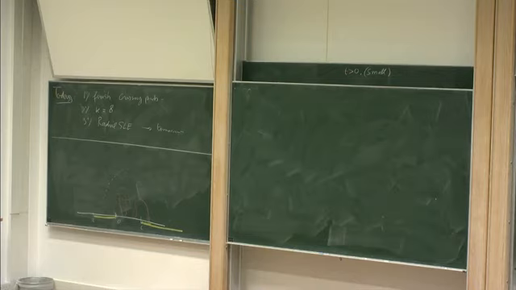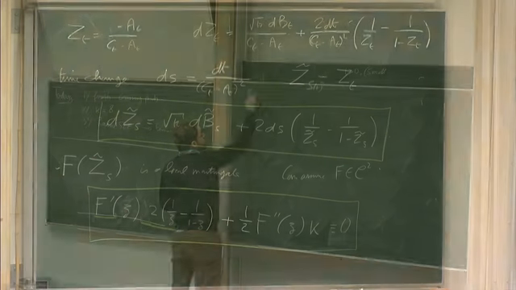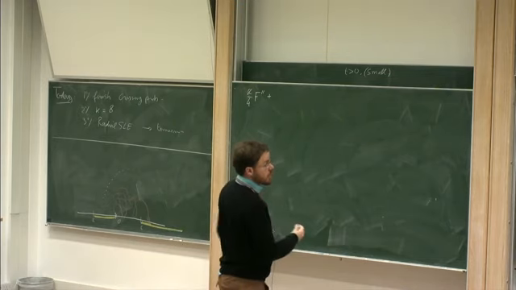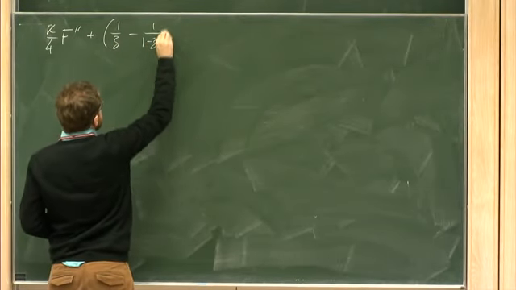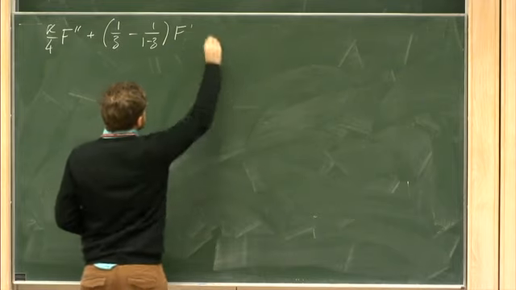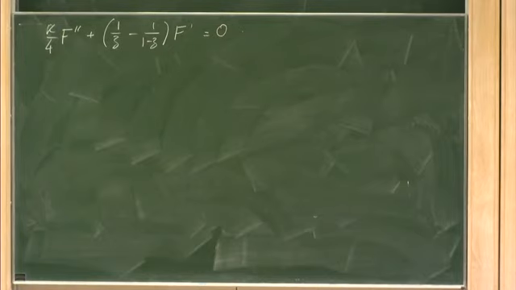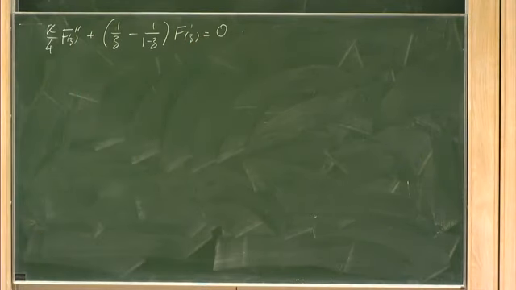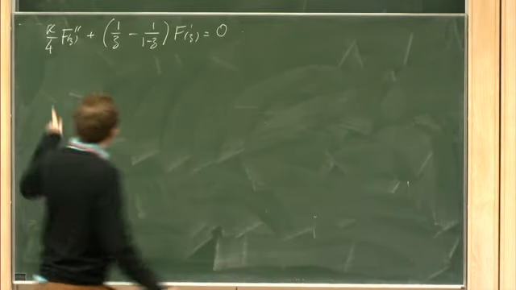So we just take these two here, and we end up with the equation which is kappa over 4 f double prime plus 1 over z minus 1 over 1 minus z f prime is equal to 0. Okay, I hope I copied everything right. So this is the equation that you get on f prime.